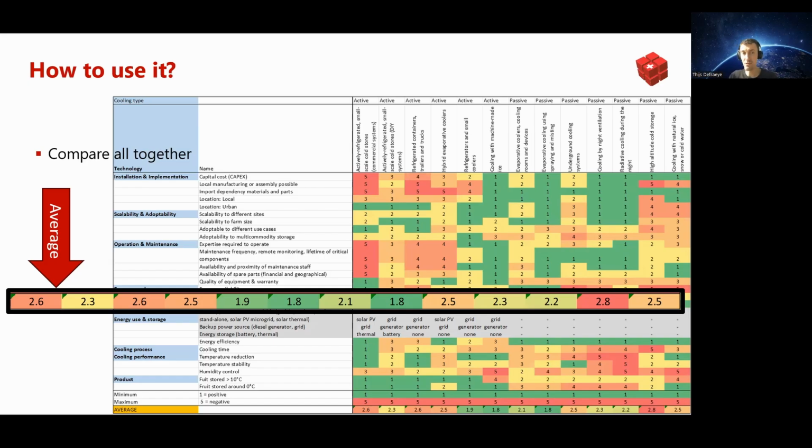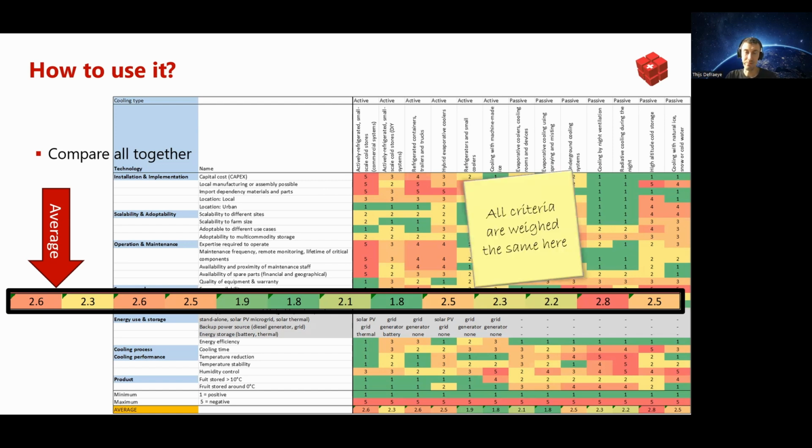So don't base yourself too much on this average, but this gives a rough overview of which technologies come out in a good way. But be very careful with using this average, I would say, because they're all weighted the same, and there are killer criteria which are not always taken into account.